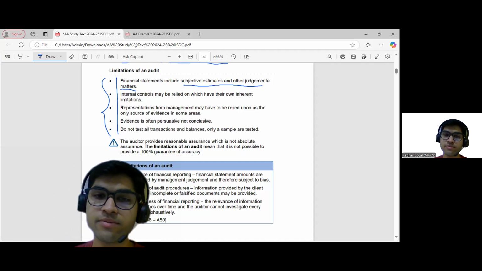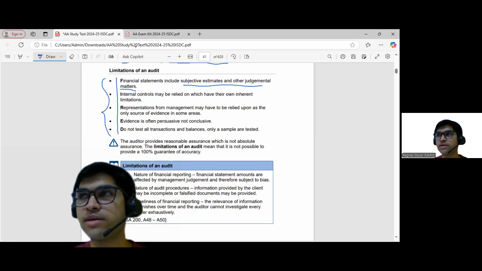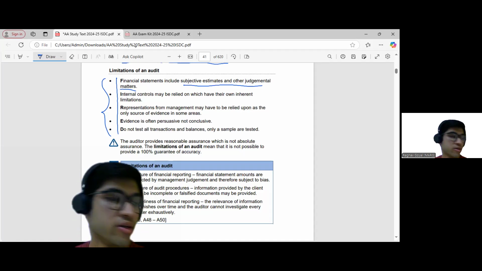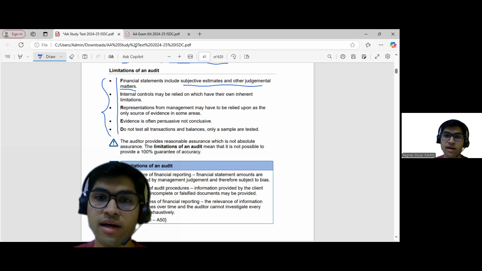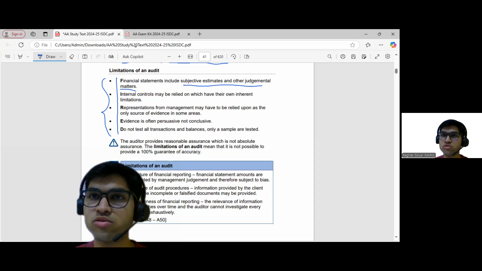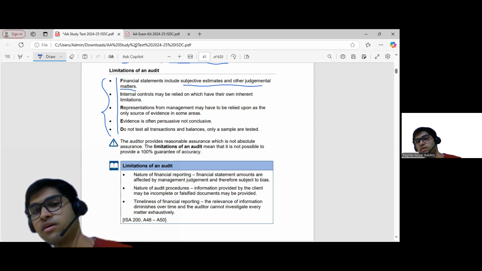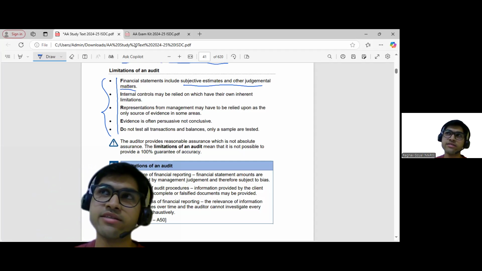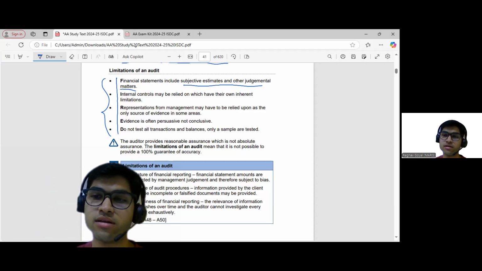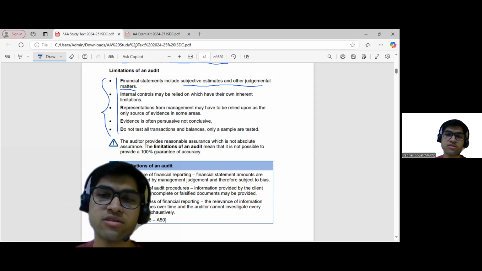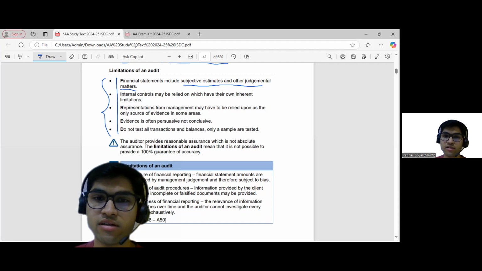At those times, it becomes difficult for the audit to be performed, as the management has used their subjective judgment, and it's difficult to audit judgment, right? So that's a limitation. Then we have internal controls.